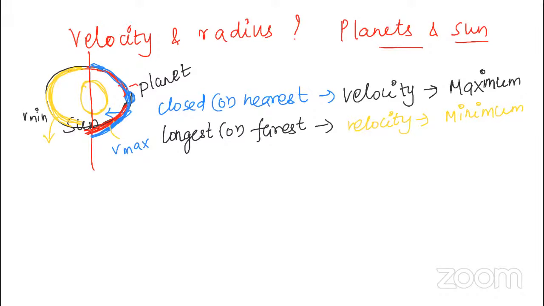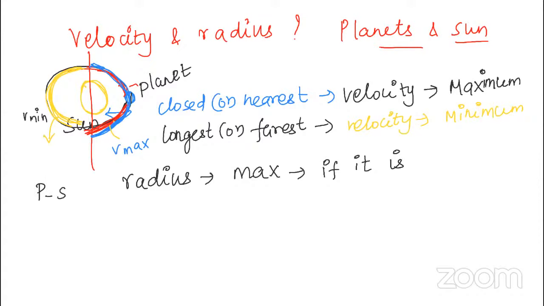Okay. So what about the radius? Will the radius be maximum if it is near or far? Put it in the comment box. Here, planet and the sun: near the surface means the radius will be minimum.